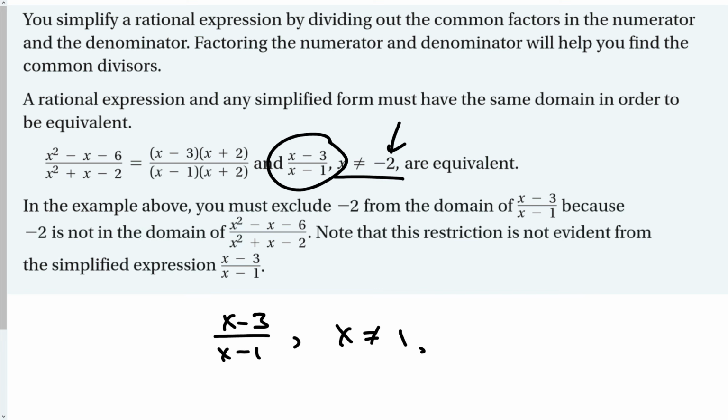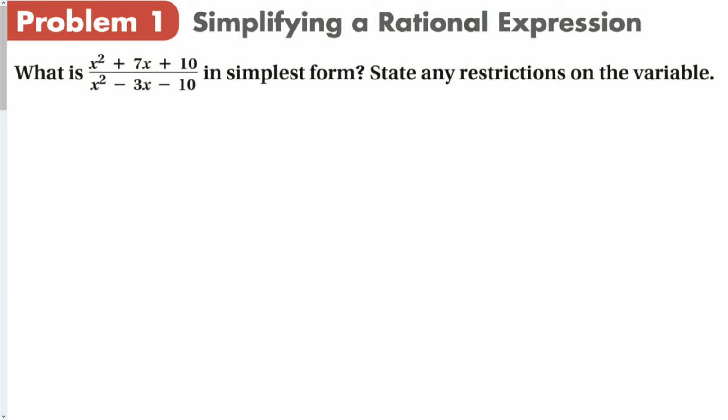So that's 1 and -2. It's a good habit to get into not just writing the -2, but to actually write both of the excluded values, the 1 and the -2, the one that's still there and the one that you canceled out.